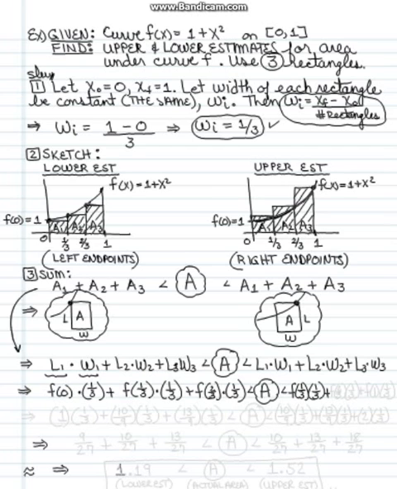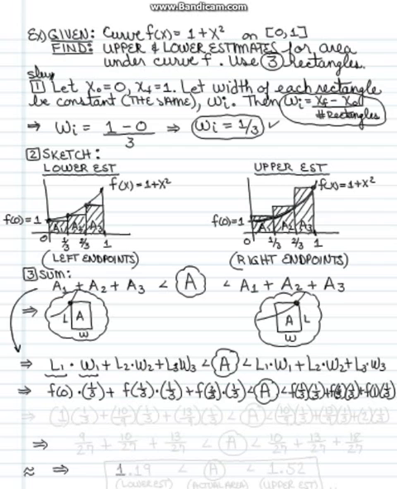And we have something a little different happening on the right. Here we're using the right side for the length, so it's the function evaluated at 1/3 for the first length times the width, and then the function evaluated at 2/3, and then the function evaluated at 1. So that's the difference. We use different sides for the L value, and the L value is the actual function evaluated at that x value.